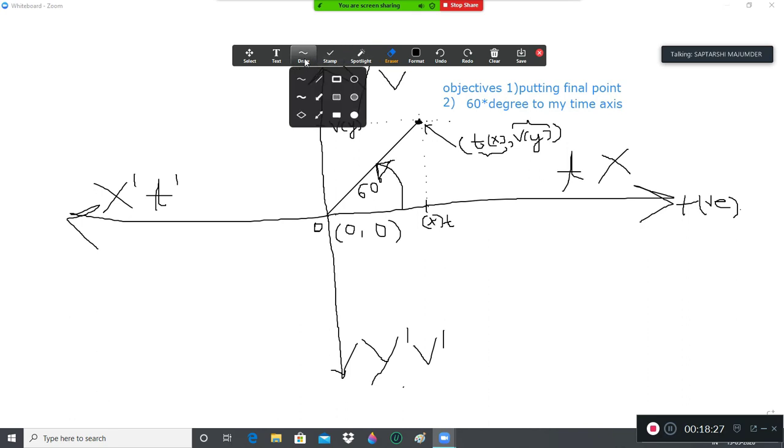It is actually a v, so I'm considering it as v. Okay, and this point is tx. Well, for your understanding I am making it t.